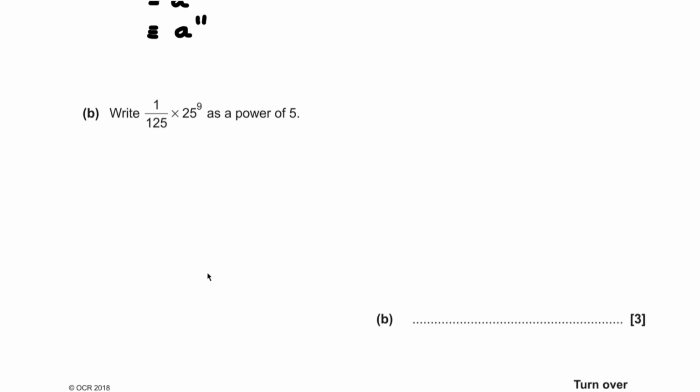Part B. Write 1 over 125 times 25 to the 9 as a power of 5. We have to write the 125 and the 25 as a power of 5 to begin with.